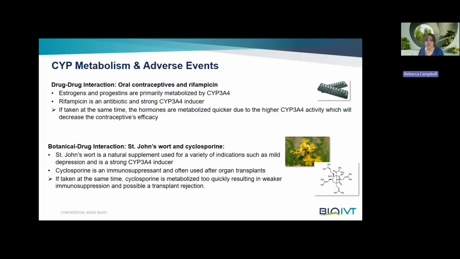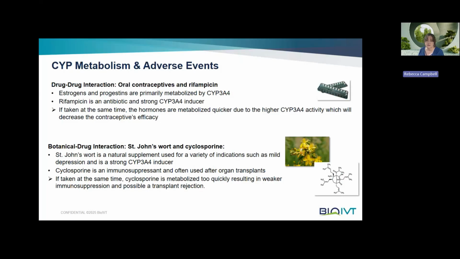Another example is St. John's wort, which is a natural supplement used for different indications, such as mild depression. The substance in St. John's wort, hyperforin, is a strong CYP3A4 inducer. As a result, St. John's wort is known to cause drug-drug interactions.